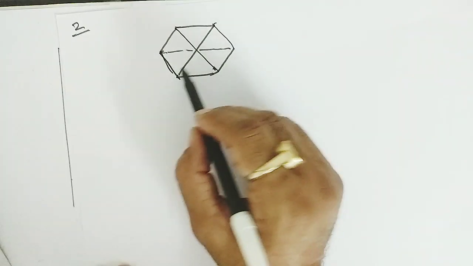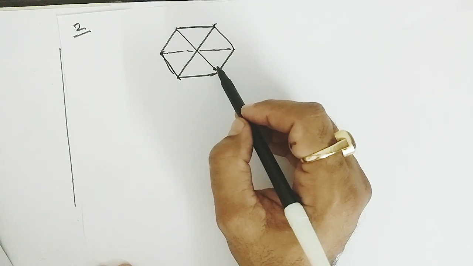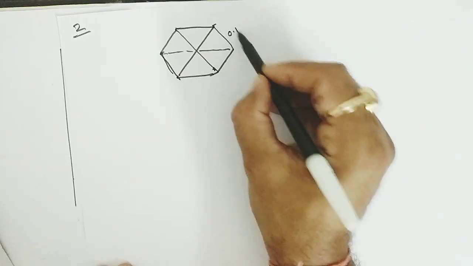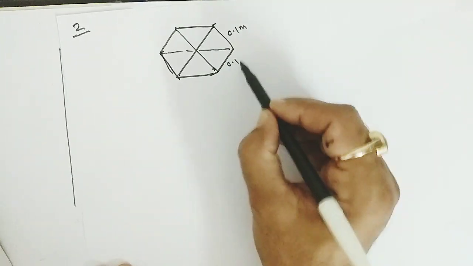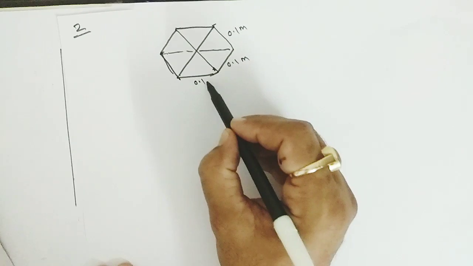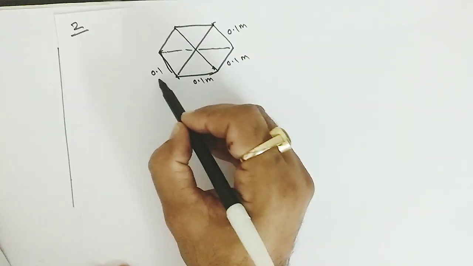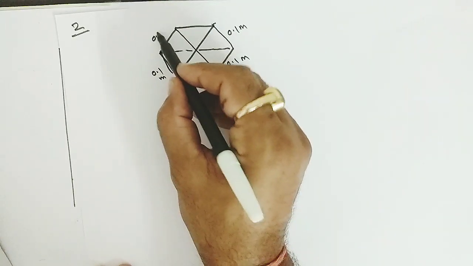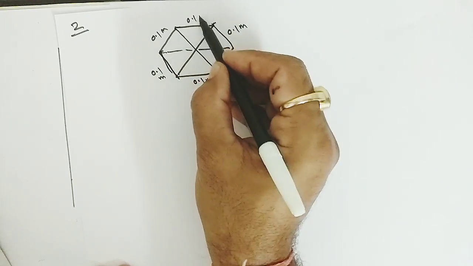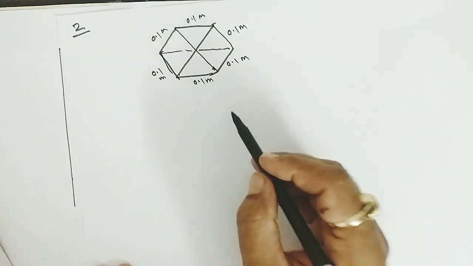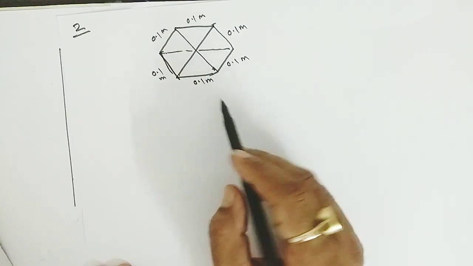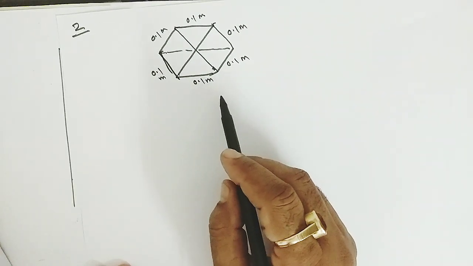So a regular hexagon of side 10 centimeter, that is 0.1 meter. So side is 0.1 meter. All sides are 0.1 meter, regular. And has charge 5 microcoulomb at its vertices.